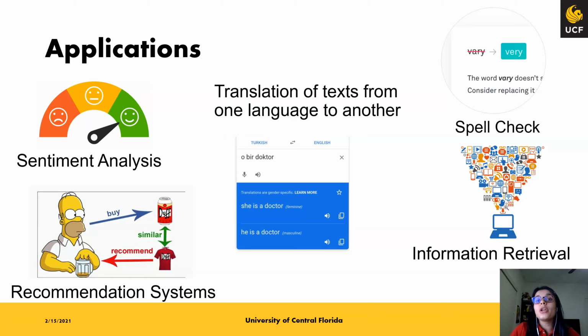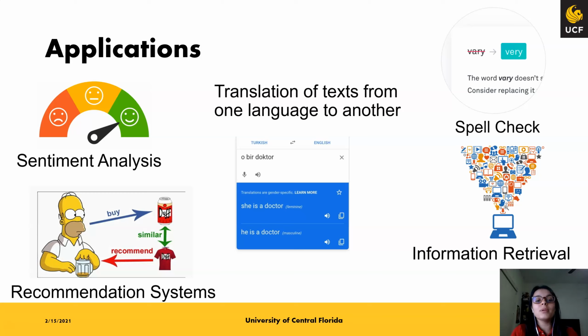For example, good is a word related to a good sentiment, and bad is a word related to a bad sentiment. So using word embeddings, we are able to classify movie reviews, book reviews or purchase reviews into three categories or more, like bad, neutral, or good.